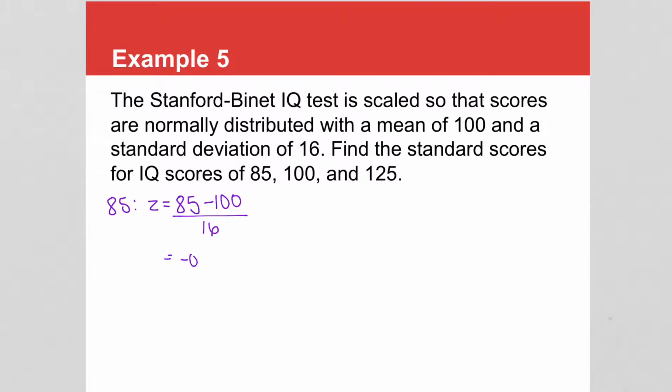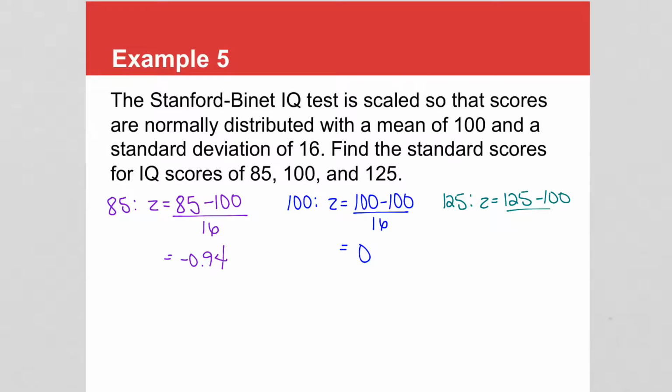We get negative 0.94. Then the second one, for 100, it'll be our data value of 100 minus the mean, divided by the standard deviation. That's just going to get us 0. And for 125 minus the mean, divided by the standard deviation, 1.56.